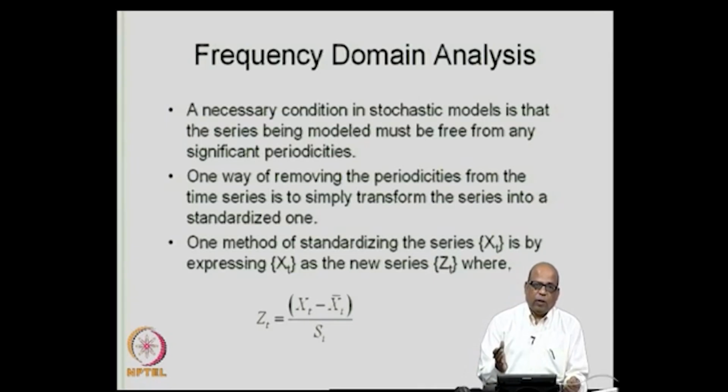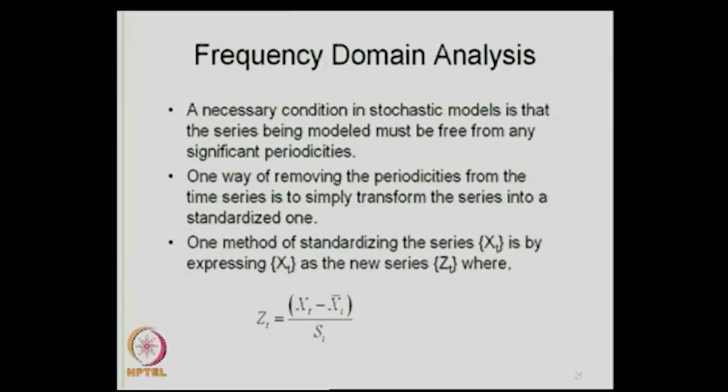Now, let us say that we have identified the series consists of several significant periodicities. How do we remove these periodicities? We want to remove all the periodicities inherent in the data. One simple way of doing it is simply to standardize the series, that is, z t is equal to x t minus mu over sigma, that is, the long term mean divided by the standard deviation.